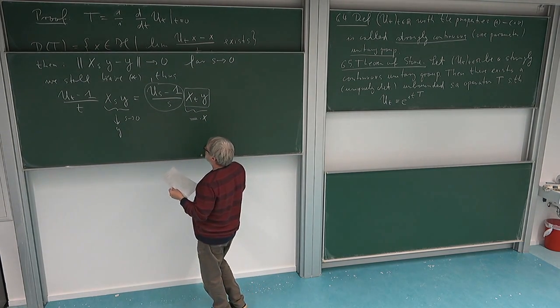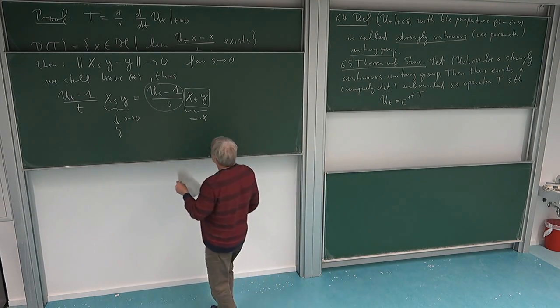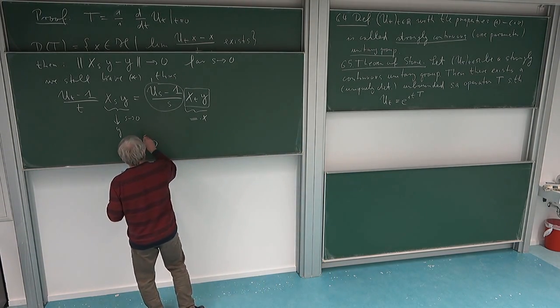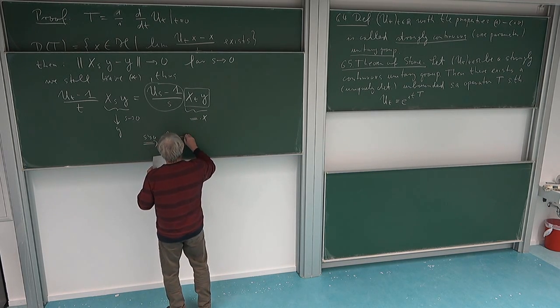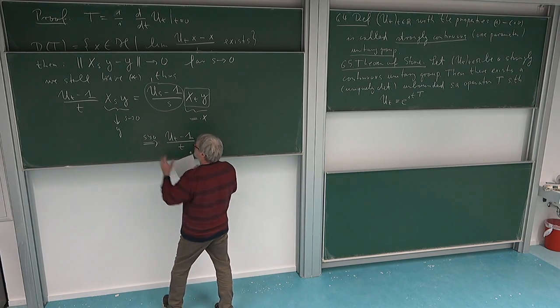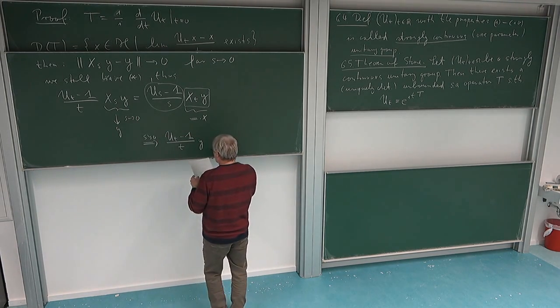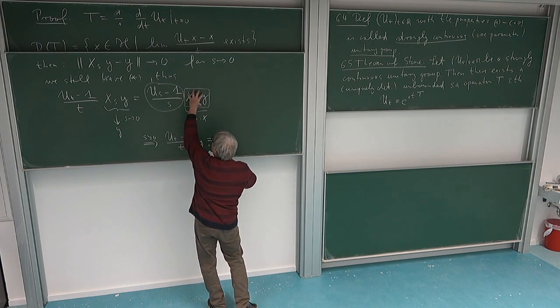So, and now if I send s to 0 for the fixed t, then I'm getting on this side ut minus 1 divided by t times y. So this goes to y. If s goes to 0, then this must be the limit of this applied to this vector.